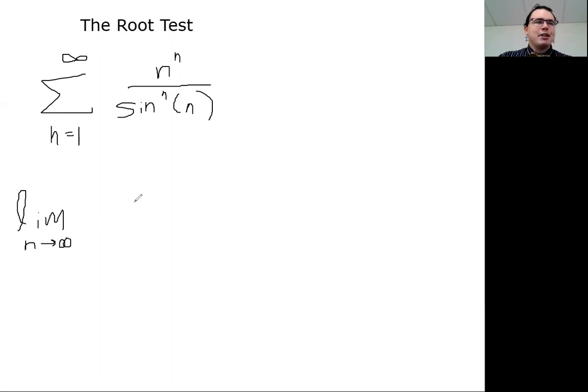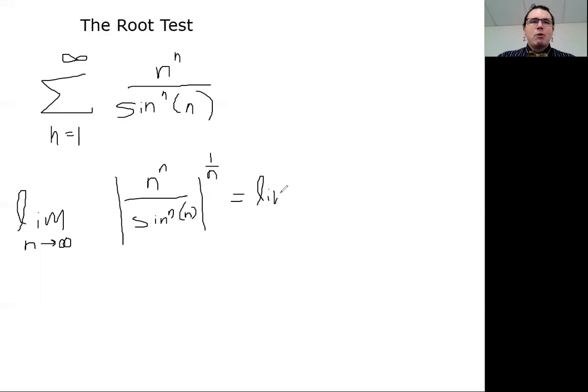The limit as n goes to infinity. I want the absolute value of my formula. And then I'll take the nth root, or the 1 over n power. Those operations mean the same thing. Well, once again, n to the power n, and then raised to the power 1 over n, is just going to be n, right?